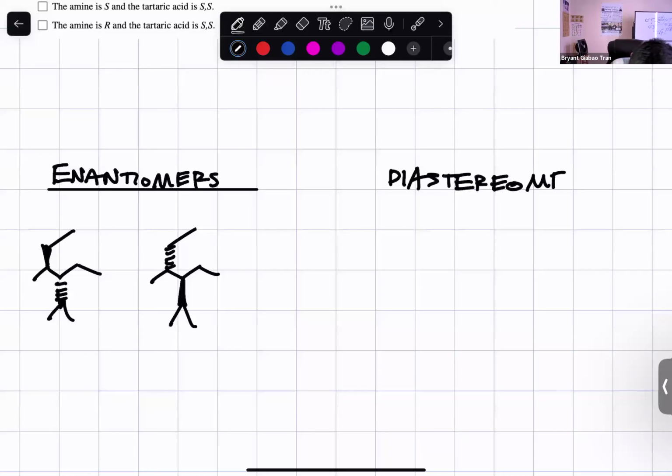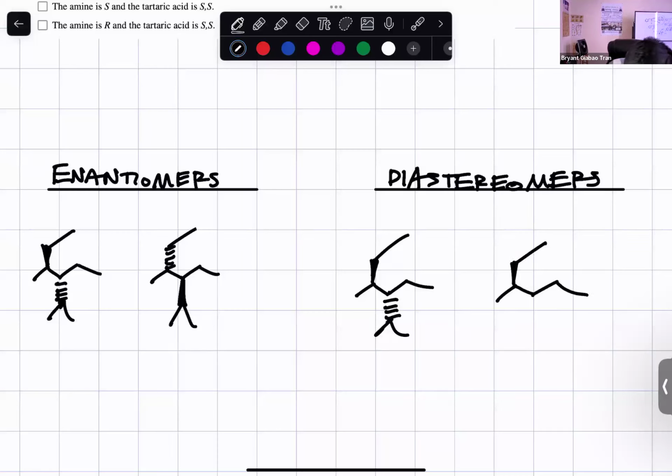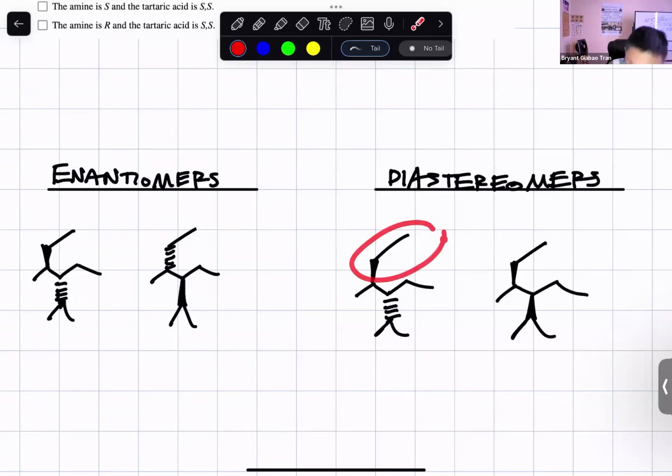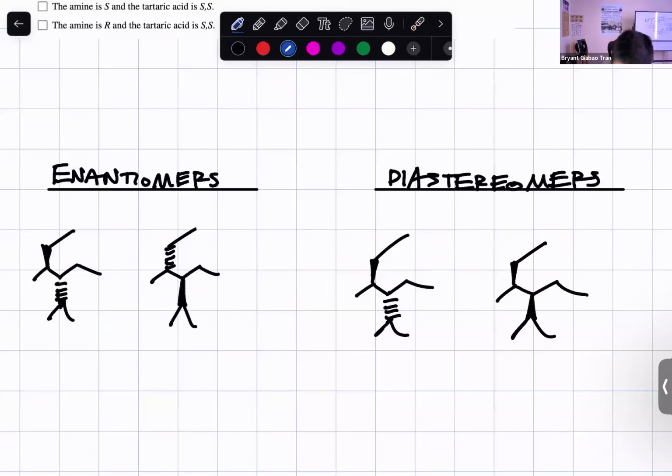Diastereomers is when some chiral centers change, but some stay the same. For example, if I give you the same first molecule, but this time the second molecule is this right here, we see that the wedge ethyl stays as a wedge ethyl, but the dashed isopropyl flipped to a wedge isopropyl. So some chiral centers change, some stay the same. Diastereomers, right?